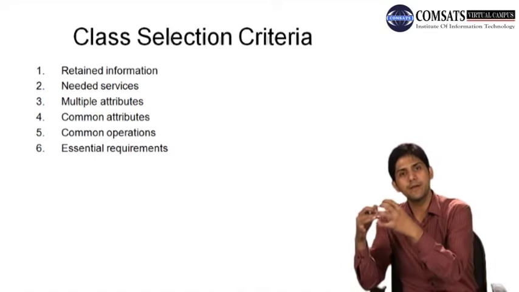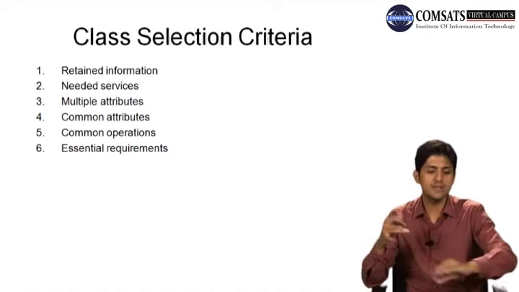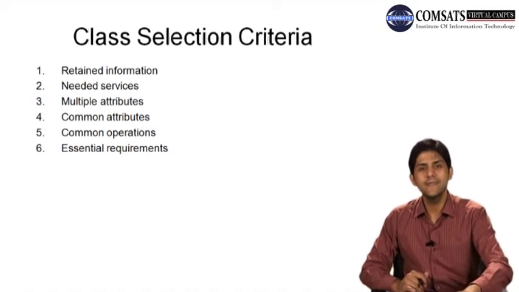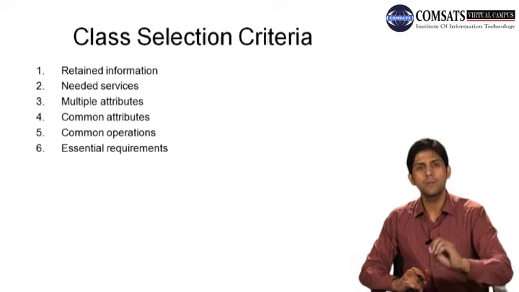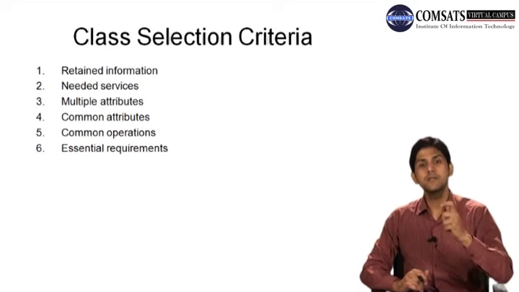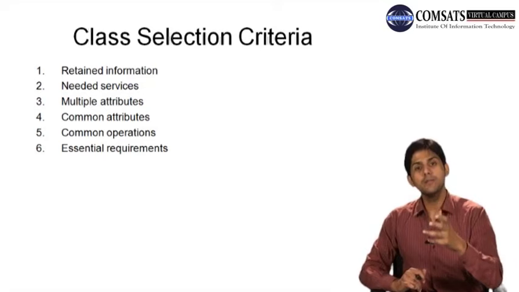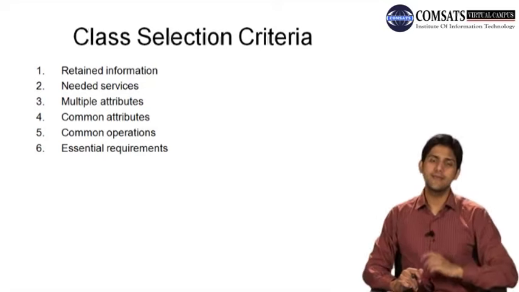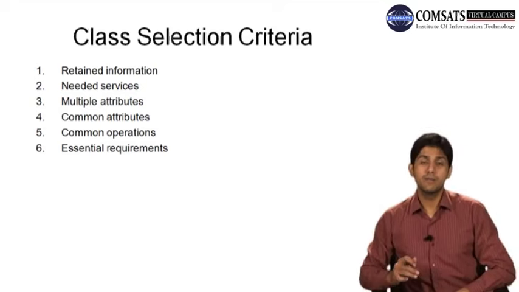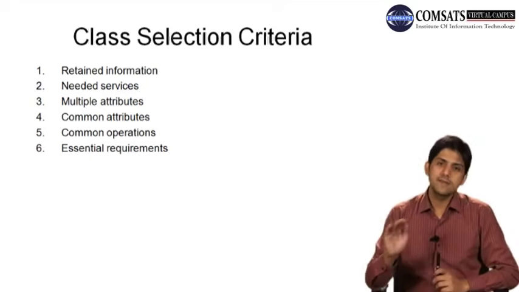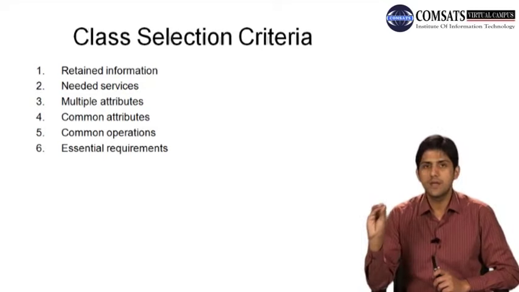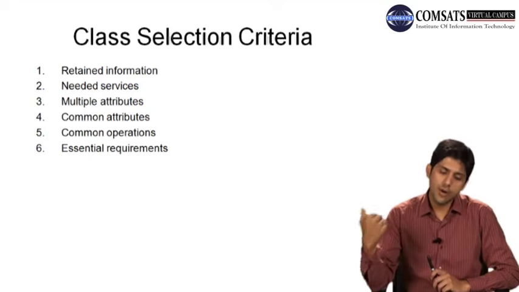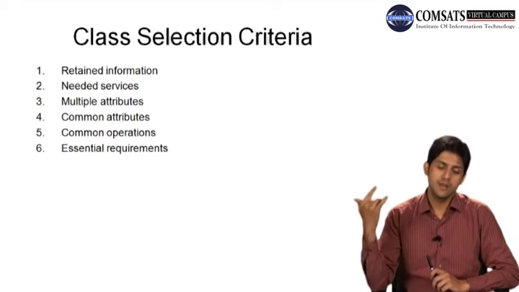So in that case, although the alarm would not satisfy the remaining criteria, because these are essential requirements, you say okay, we will accept that as a class. So there are exceptions at times for external entities if they are required by the customer. So these are the 6 selection criteria. The first one is retained information, then needed services, then we have multiple attributes, then common attributes, common operations, and essential requirements.